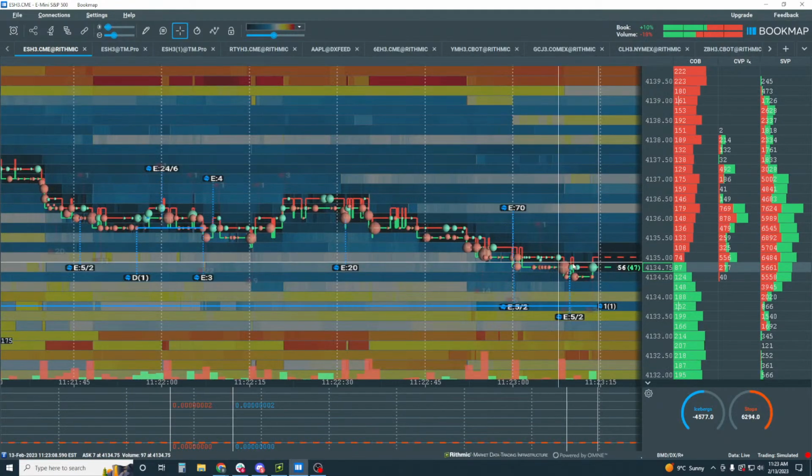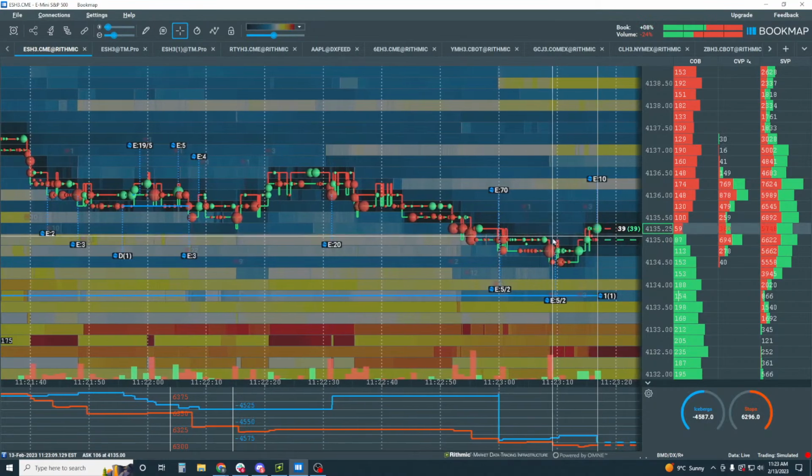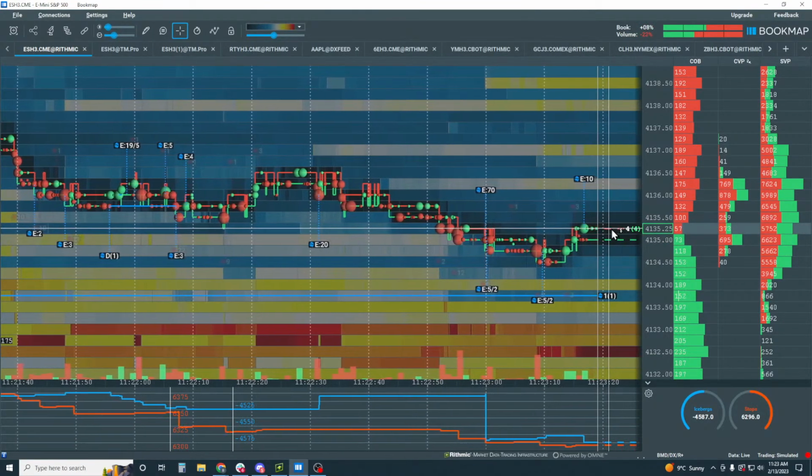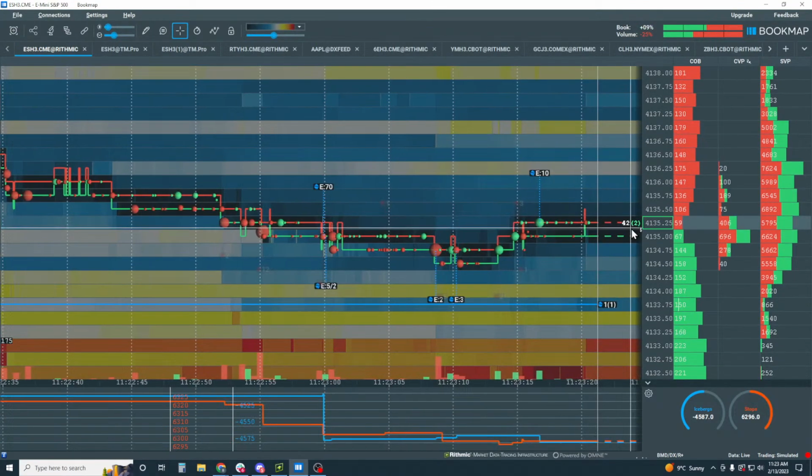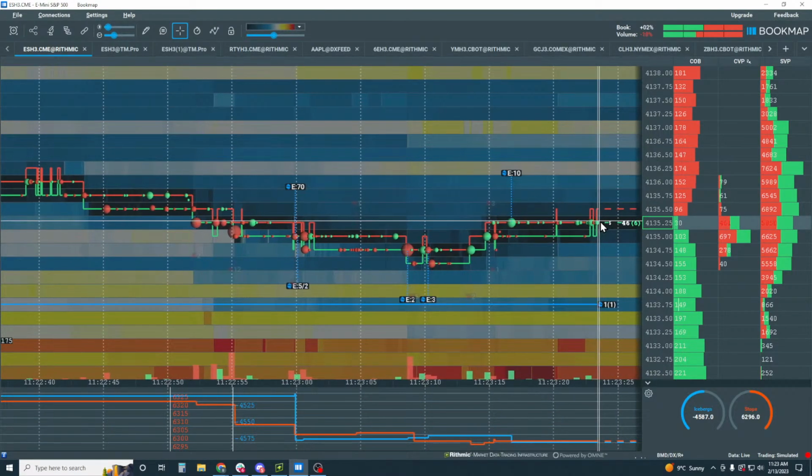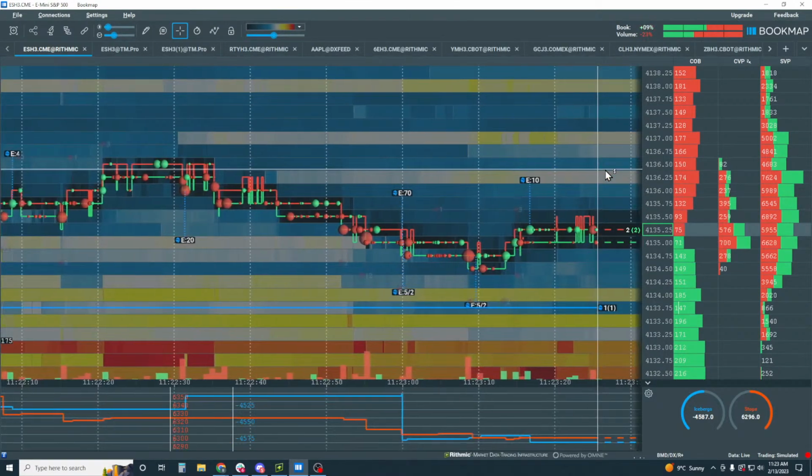Okay, selling, just driving it lower here. Okay, let's see now. Here we go. All right, so now can it continue to buy here? Continue to buy. Yeah, I think they can move it up to 36 and a quarter.